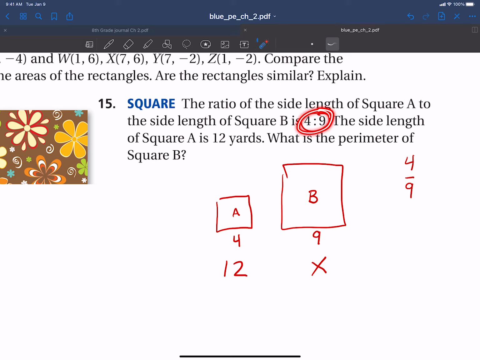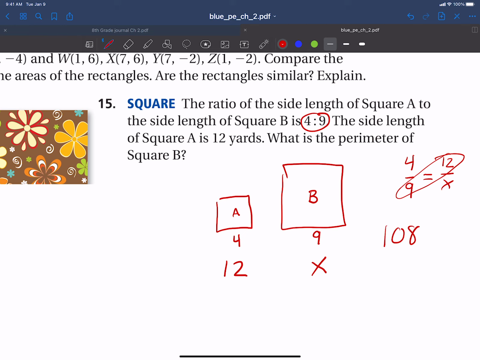If you're not very good at figuring out the reduction, unreducing type of thing, could you set this up as a proportion? Look at this. 4 to 9 is to 12 to x. What's 9 times 12? 108.